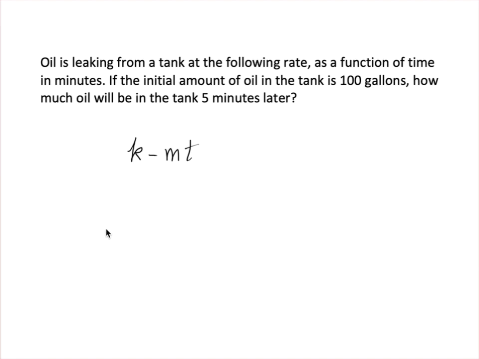So the answer is, starting with the initial amount, and then from that we subtract how much oil leaked during these 5 minutes. And that is the net change in this rate function. K minus mt is the rate function, and we are measuring the net change in the amount from 0 to 5.